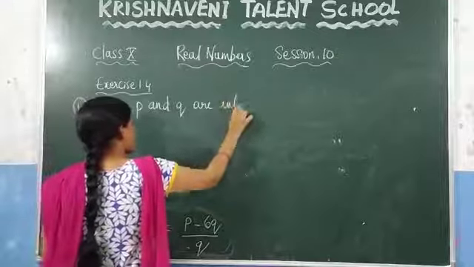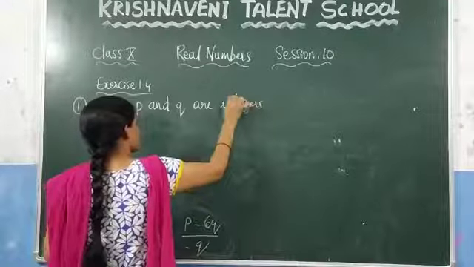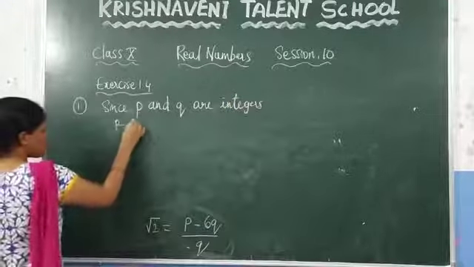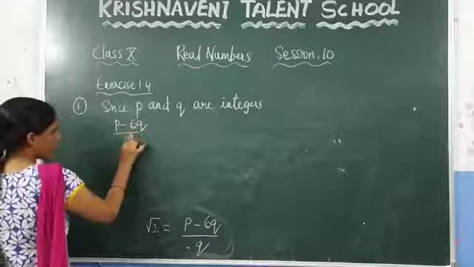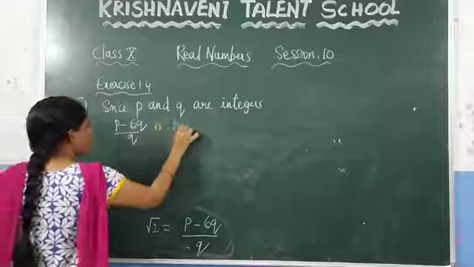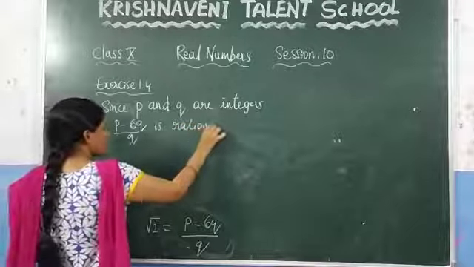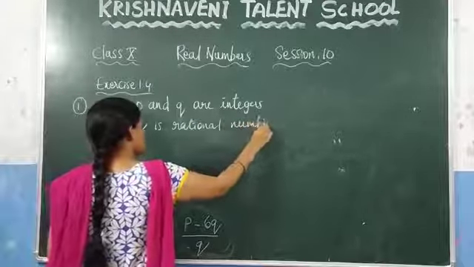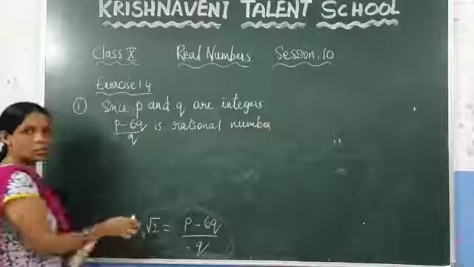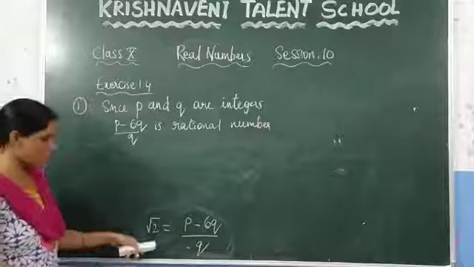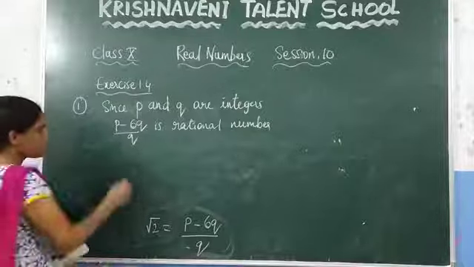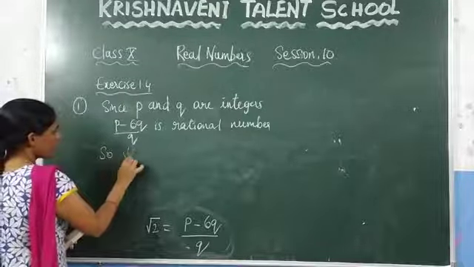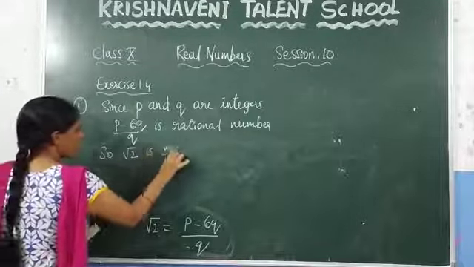Since P and Q are integers, P minus 6Q by Q is what? Rational number. If it is a rational number, what can we conclude? Root 2 is also a rational number because we got these two are equal. So, root 2 is rational.